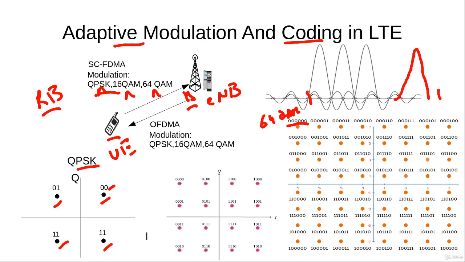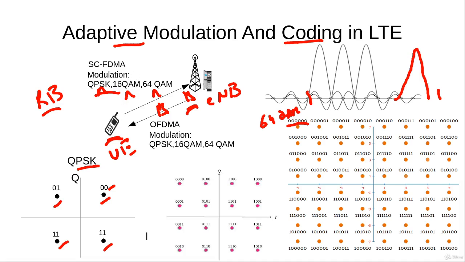The only thing that is changing is the bits per sample. Here bits per sample is less and here bits per sample is more. So here there is a higher data rate as compared to when the user equipment is here, and when the user equipment is in some intermediate place, then it will use the 16 QAM modulation scheme.